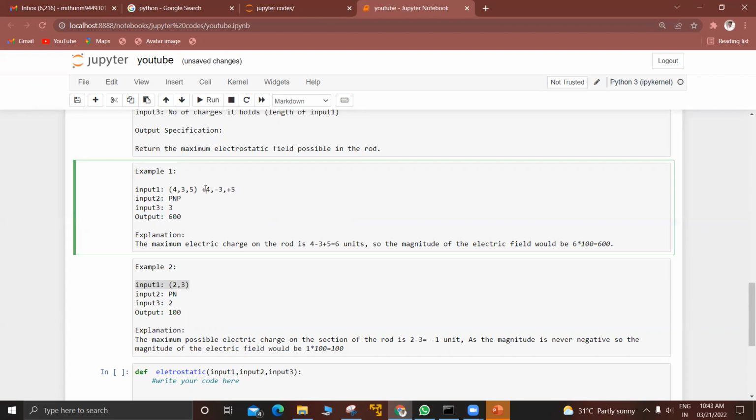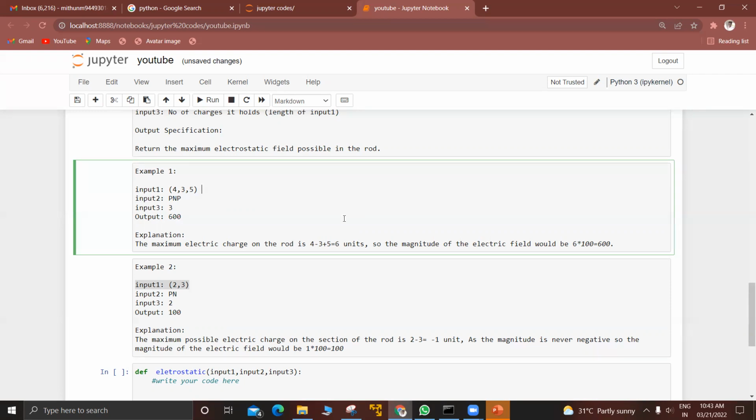They are indicating that P N P. If there is a P in this string, it will match. That means this position matches with this position, 0th position matches with 0th position, first position matches with first position, and then the second position matches with second position. They are matching this.